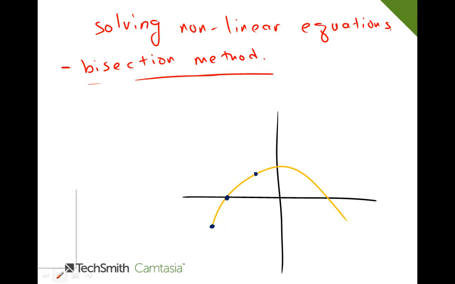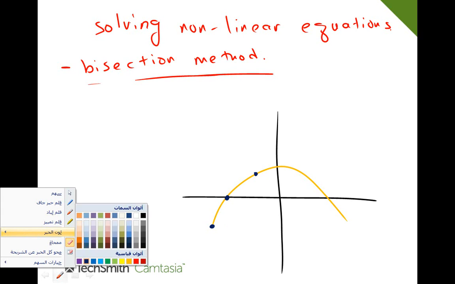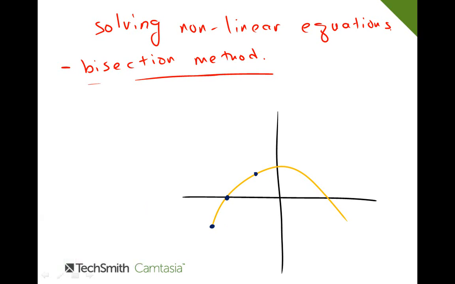If I got those 2 points, I'm going to try to approach, that means get closer and closer, again closer and closer, as much as possible to the root.